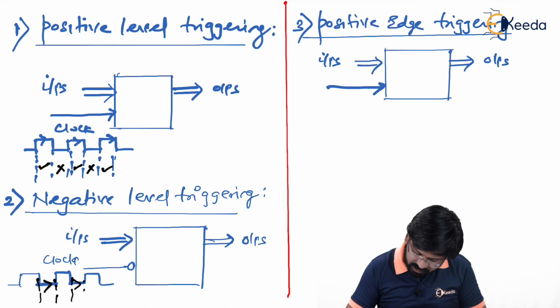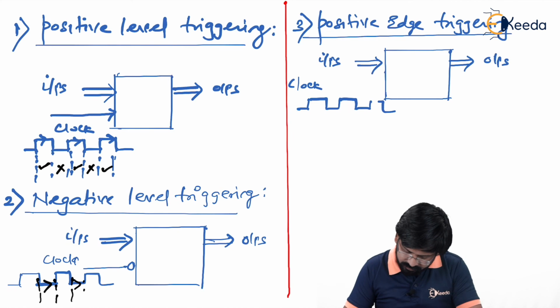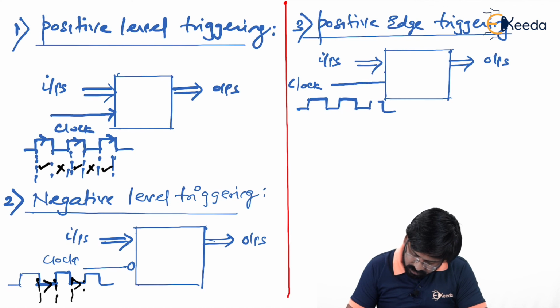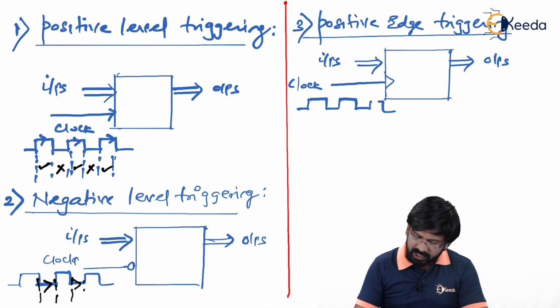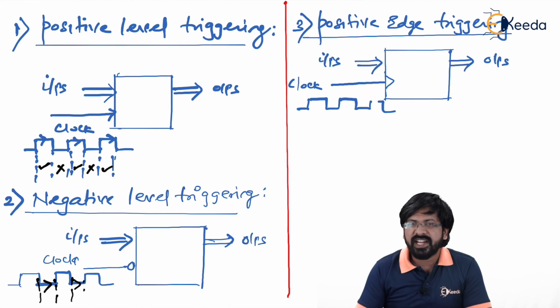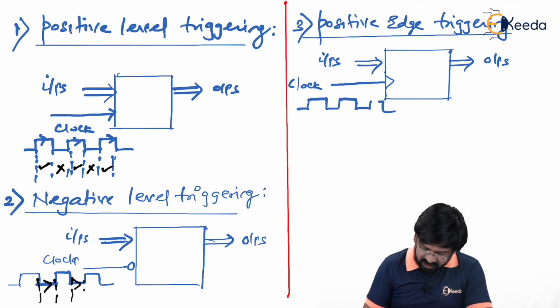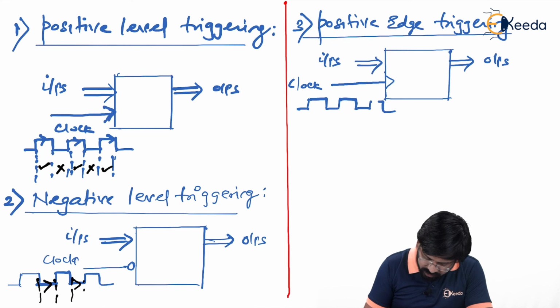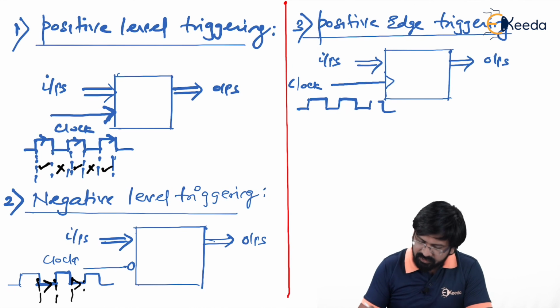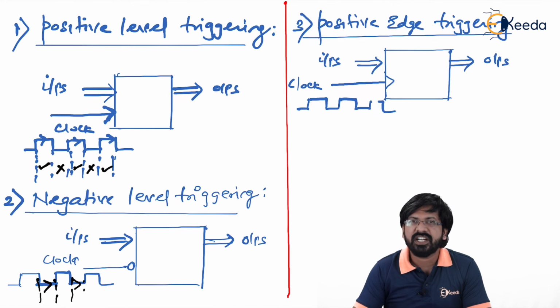And for timing reference, I am going to apply a clock which will look similar to all the clocks, of course. So the way of drawing a clock is like this. As you can see, the arrowhead is inside the device. During positive level, this arrowhead was outside the device. Now the arrowhead is inside the device. It indicates it is not positive level but positive edge.